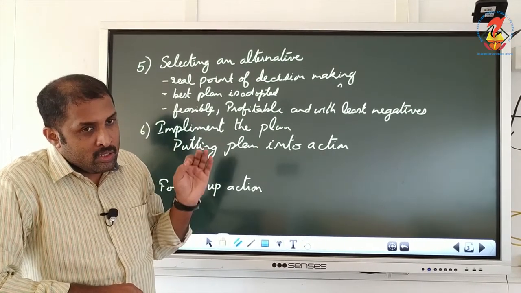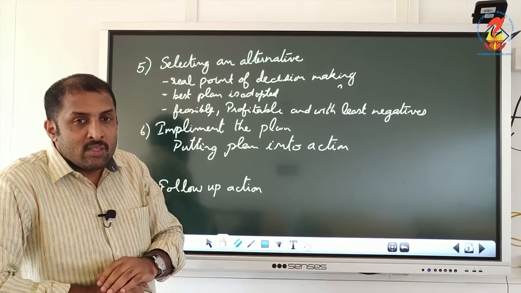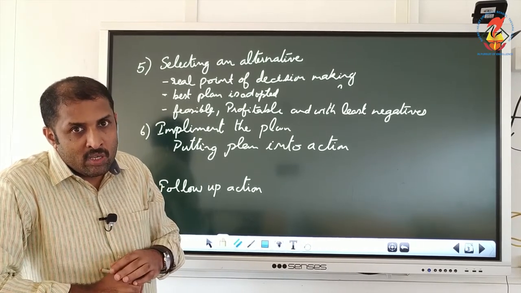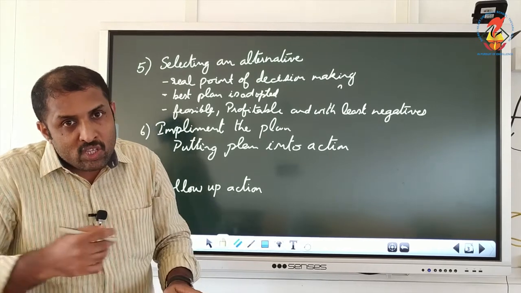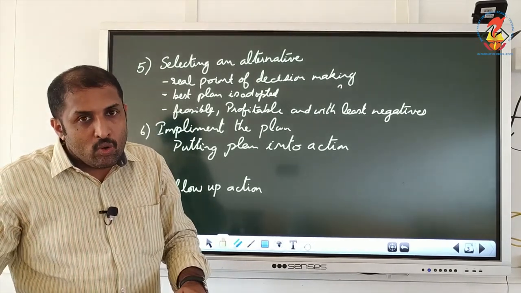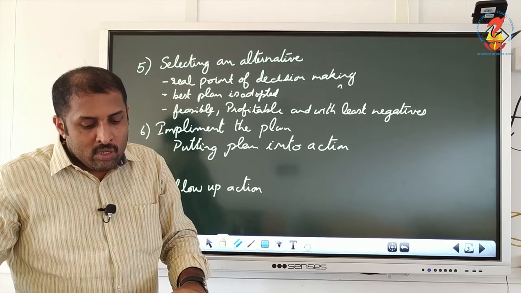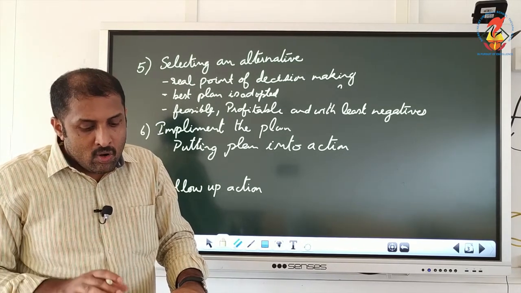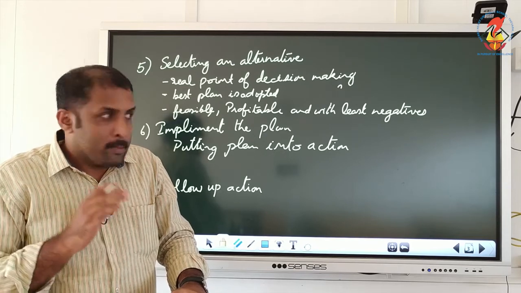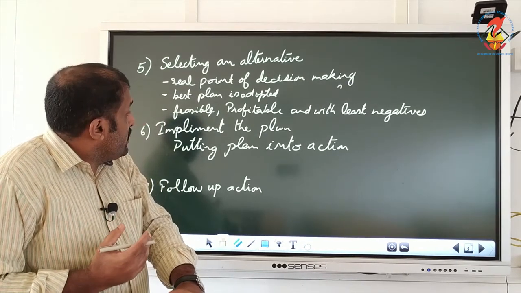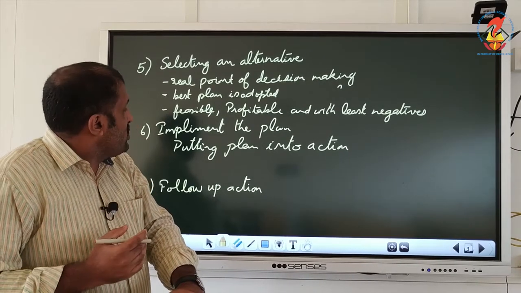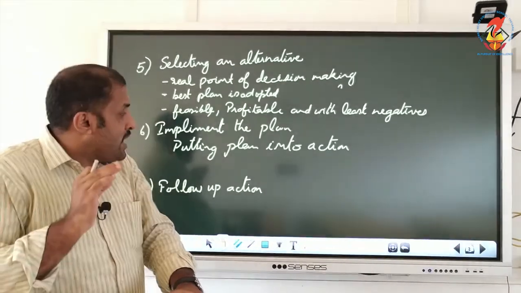In this step, this involves organizing labor, purchasing machinery, and all. For putting something into action, we need labor and machinery. That is done here, and that is called implementation of a plan. That is the sixth step.